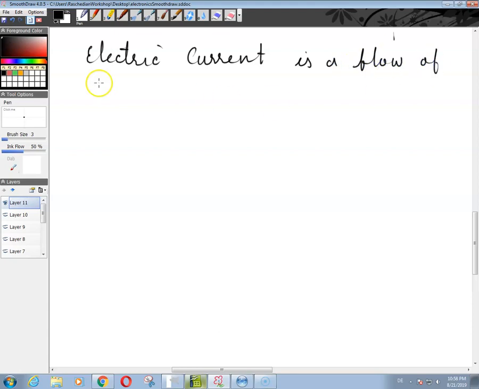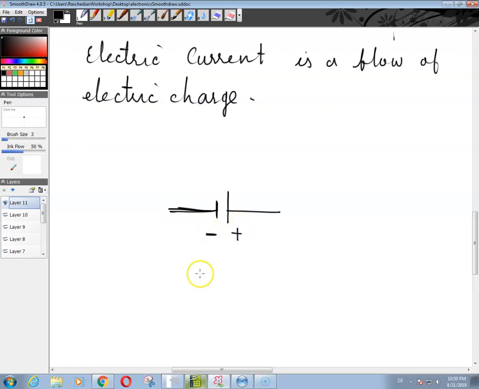And you know about charges, negative and positive. Whenever you have a battery over here, you always have the positive pole and the negative pole.